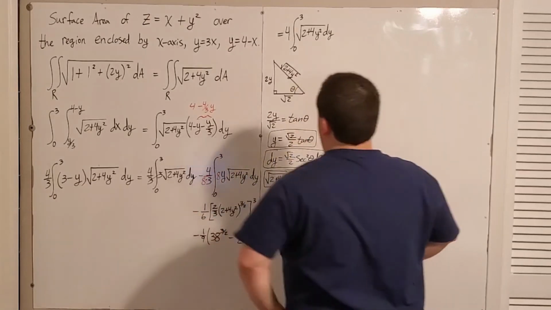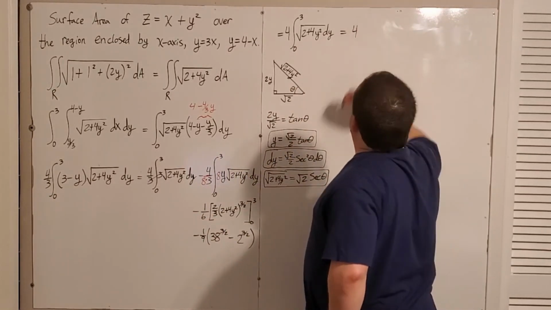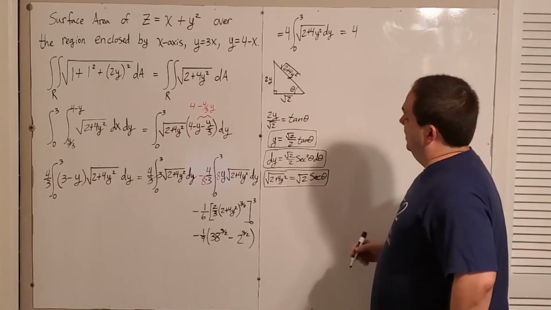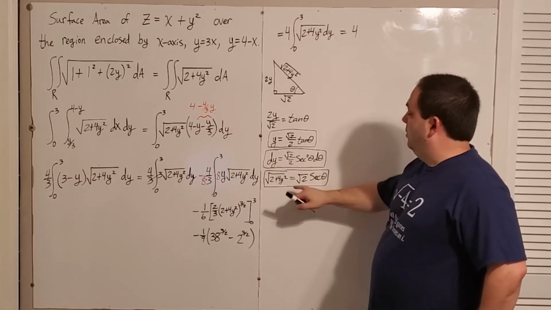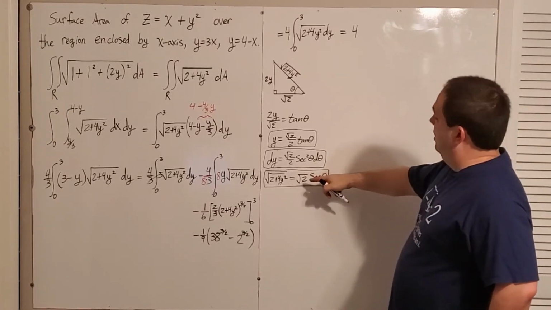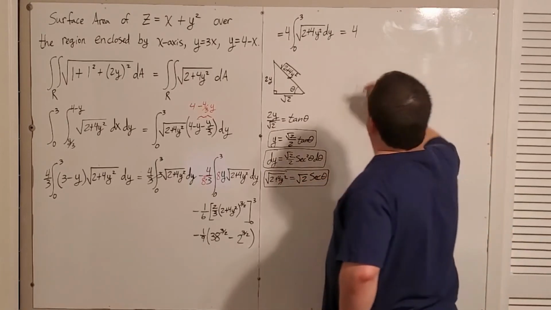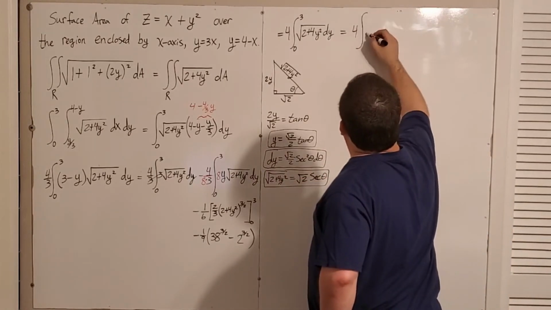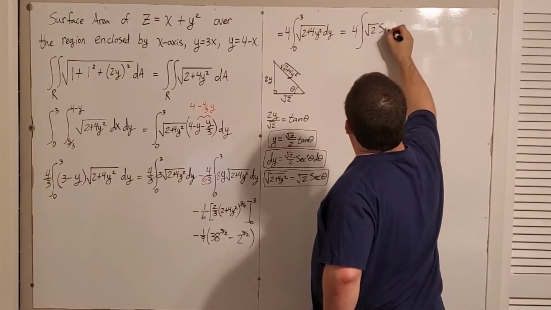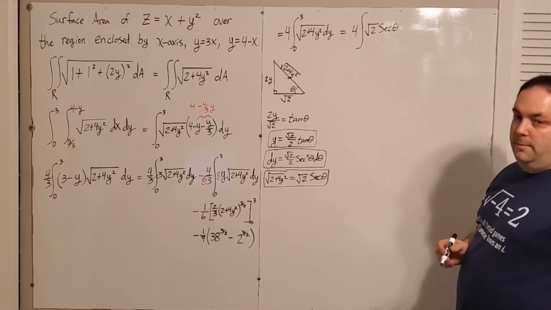Okay, so let's substitute. I'm going to bring my 4, right? Then I'm also going to bring my square root, which is equal to square root of 2 times secant theta. So I have integral square root of 2 times secant theta. Right?